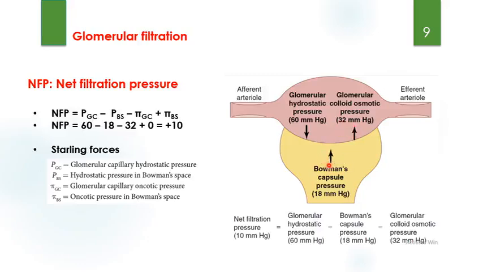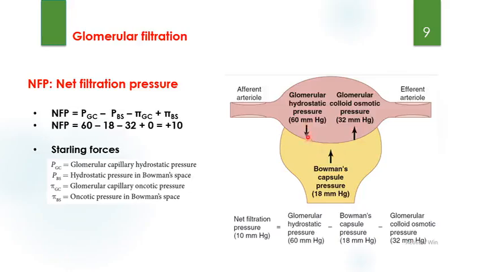In the Bowman's space, because of an insignificant amount of proteins, the colloid osmotic pressure is near zero and negligible, but the hydrostatic pressure inside Bowman's space is about 18 mm of mercury. So here we have two opposing forces and one favoring force.